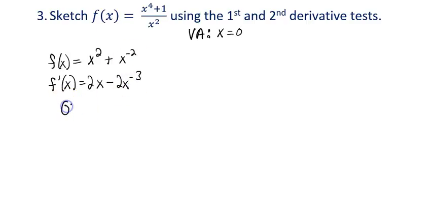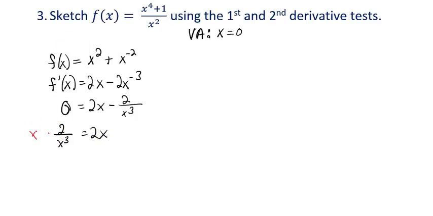And when I set that equal to 0, I'm going to change this back to a fraction, because anytime you're trying to solve an equation, it's easier to work with fractions and roots than it is negative powers and fractional powers. So I'm going to say that is 2 over x cubed. Then I'm going to add that to the other side. So I'm going to get 2 over x cubed equals 2x.